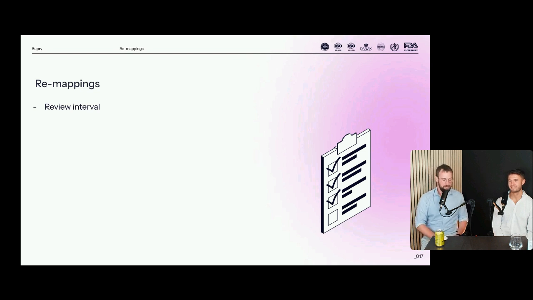So first of all, I fundamentally disagree with the concept of having a frequency of mappings, like stating that every 3 years you should do a remapping, for example. Anywhere between 3 and 5 years is the normal interval for, let's say, a warehouse. What you should rather do is make a review interval.